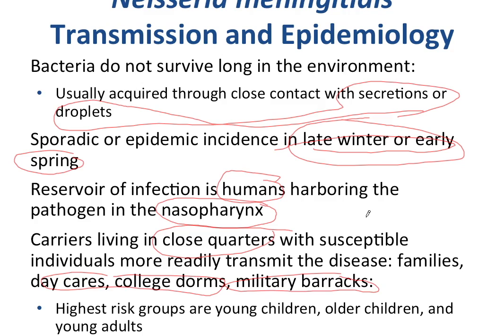However, if students or people play in the playground, this is an open environment, so the transmission rate is very low. That's why this disease highly bursts out in schools, colleges, daycares, military bases, or families, okay.